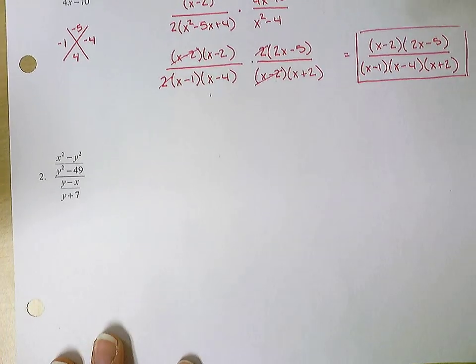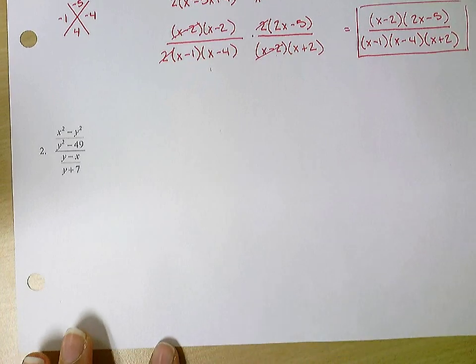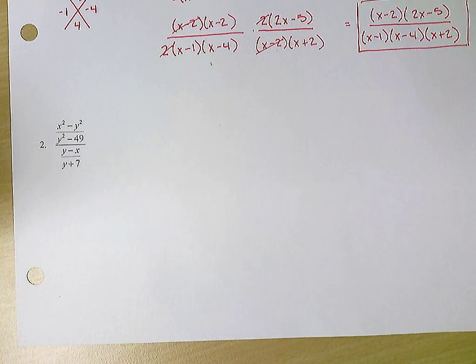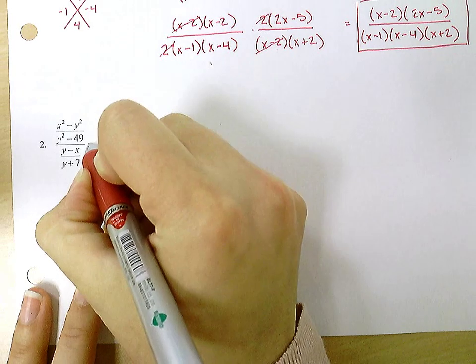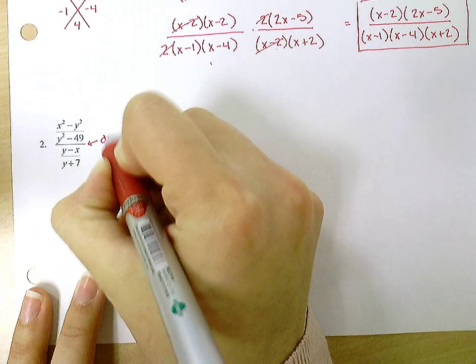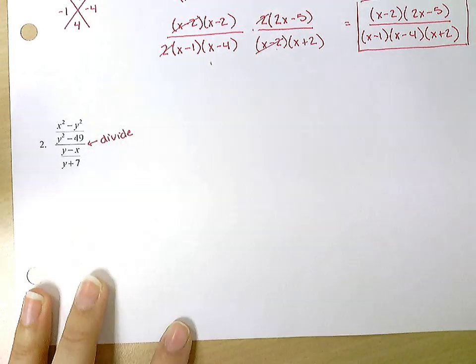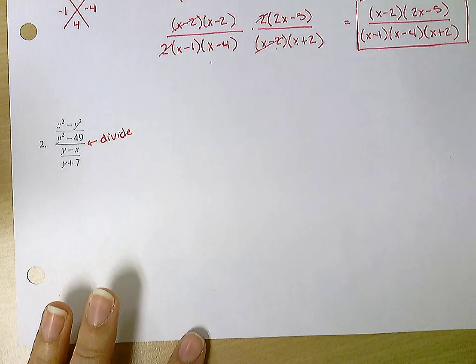All right, then looking at number 2. Same thing. This middle fraction bar here means divide, so you need to divide those two fractions.